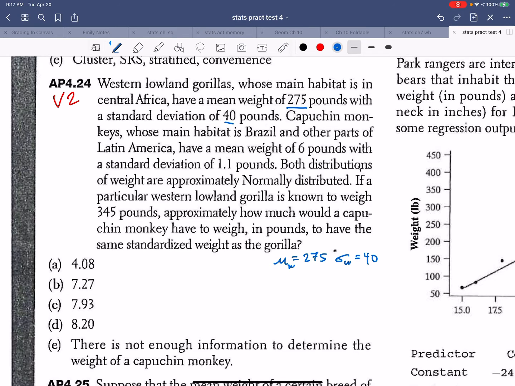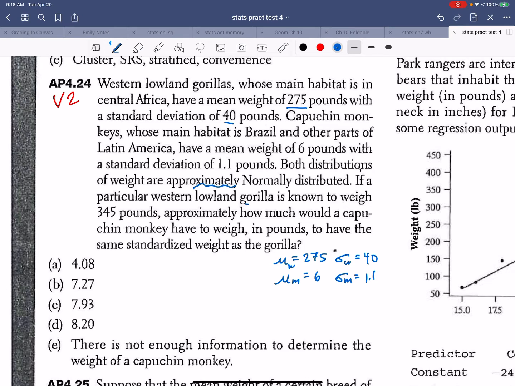The capuchin monkey, whose main habitat is Brazil, has a mean weight of 6 and a standard deviation of 1.1. Both distributions are approximately normal.